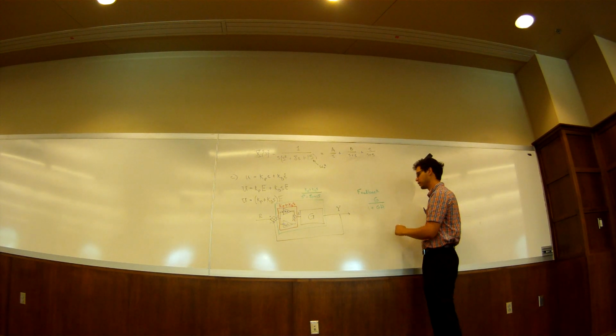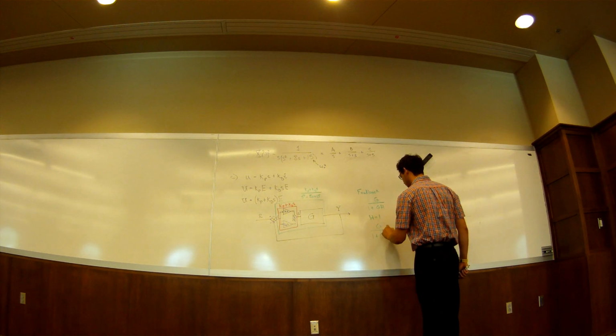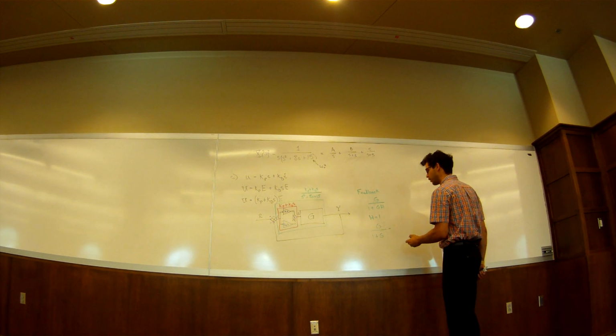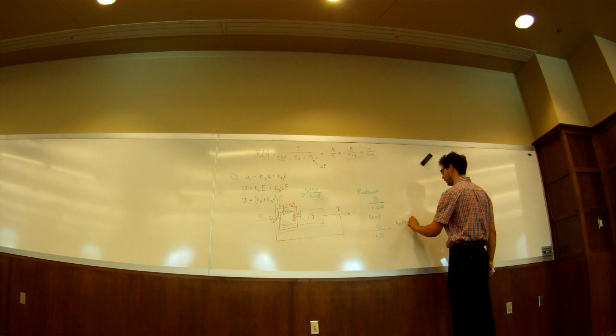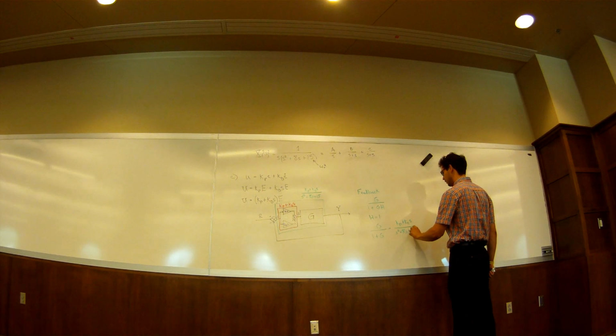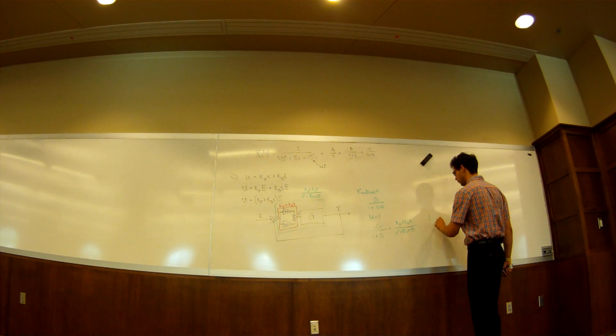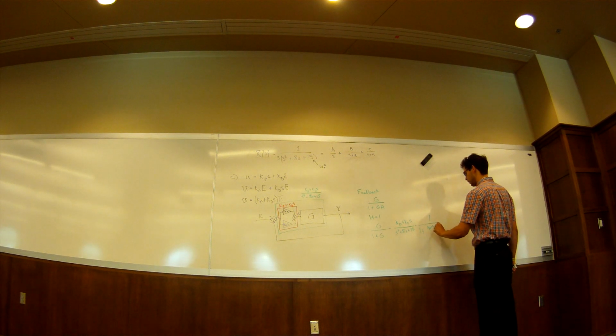It's G over 1 plus GH. Okay, so H is 1. So it's G over 1 plus G. I always like doing this the long way, even though it always works out the same. KP plus KD S all over S squared plus 8S plus 15 times 1 over 1 plus KP plus KD S.